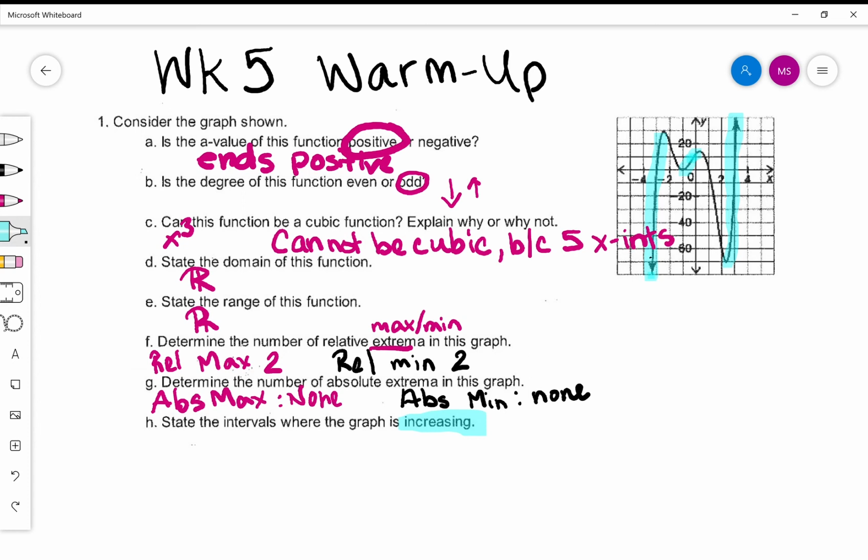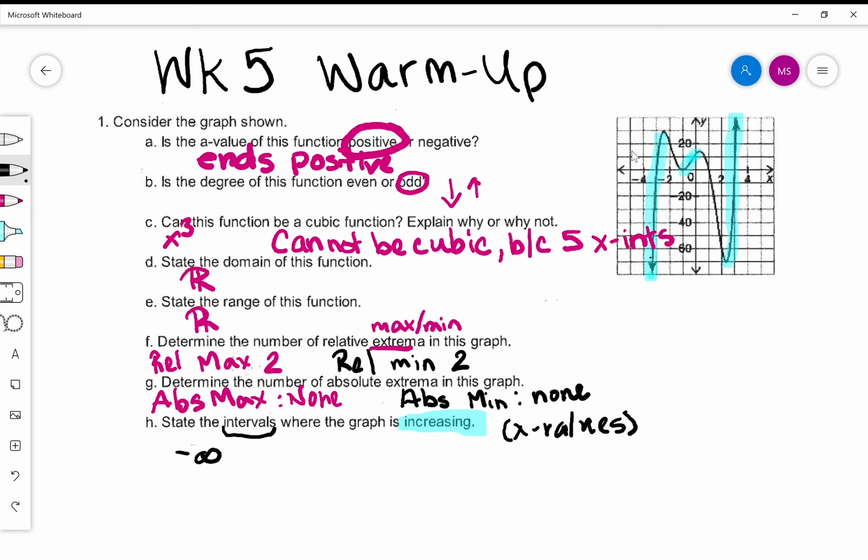All right, so the intervals, we're going to write it in interval notation. So it's coming from negative infinity. Okay, so we're writing our intervals. Again, intervals are based off of your x values. So what is the lowest x value that you are showing here on this first blue highlight? Well, negative infinity.